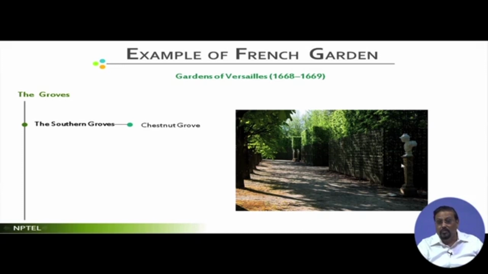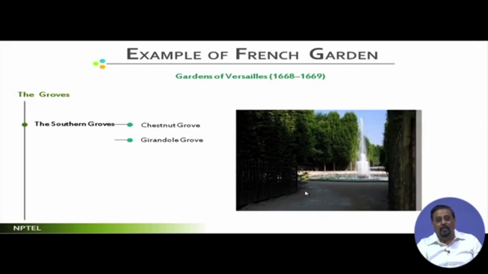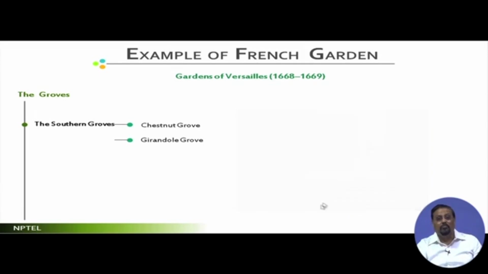Chestnut grove, where you see pathways, and you see the fences beyond which the groves are planted, and we also have the trees on the left-hand side, which are creating a kind of wall effect, and this is what a grove is. And then we have the girandole groves, very well maintained, with vegetation, large plants at the back.